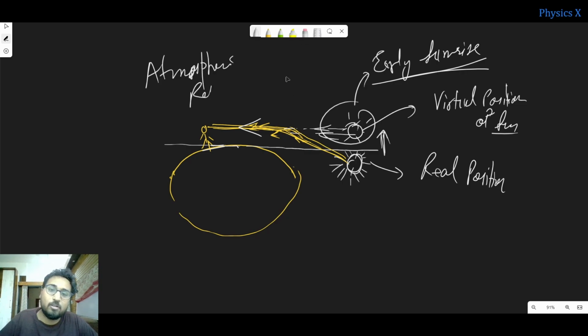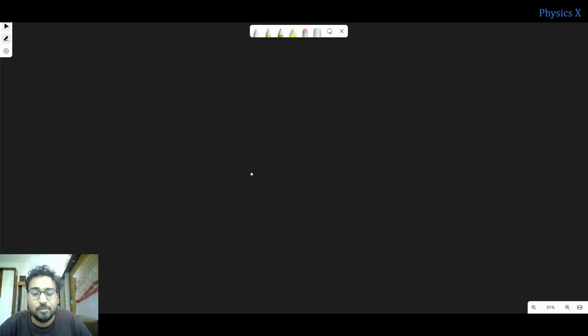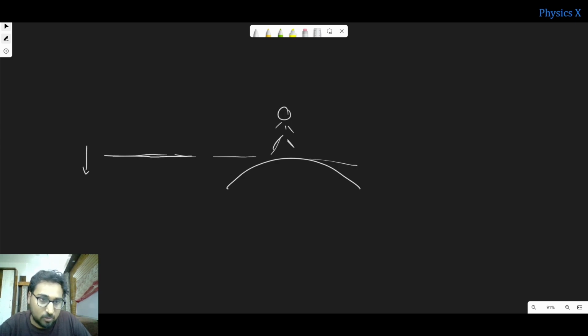And the same case occurs in the case of a sunset. What happens in sunset? Again, let us see. This is the observer, and this is the surface point. We call it a proper sunset when the sun goes below the horizon line. Now what happens? Although the sun, let us say it is here, has already set, it has already gone below the horizon line.